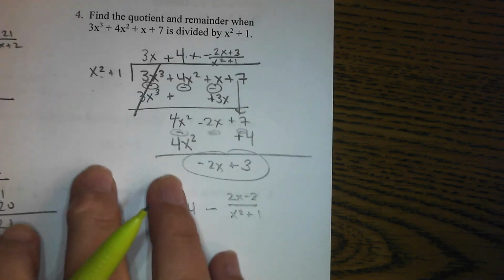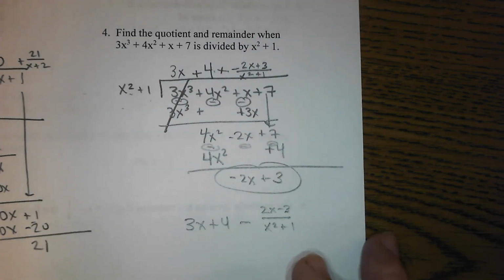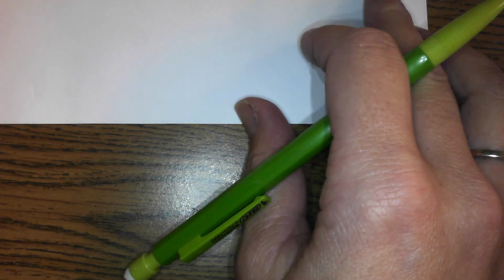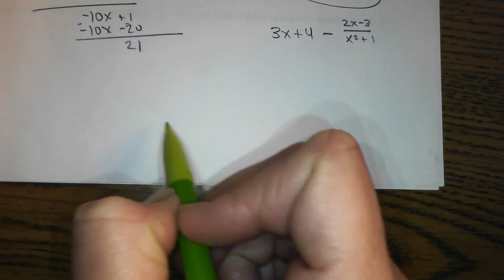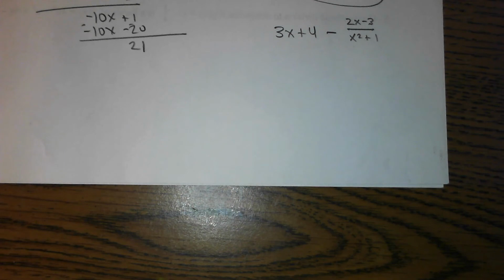Okie doke. The one thing we did not get into, because an example did not come up, is if the remainder is 0. So there, let me think of an example. Hold on, just watch me work for a second.